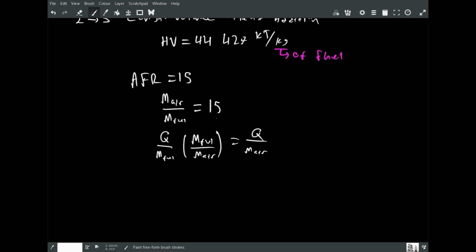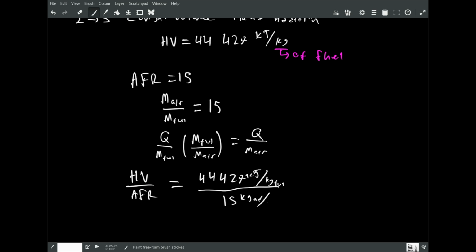So with an air-fuel ratio of 15, we can basically take our heating value and divide that by our air-fuel ratio, which is 44,427 kilojoules per kilogram of fuel, divided by 15 kilograms air per kilogram fuel, and we get 2961.8 kilojoules per kilogram of air.